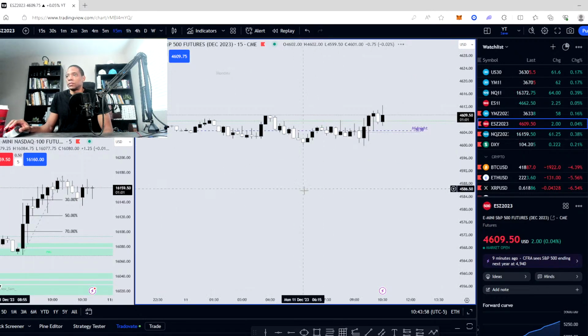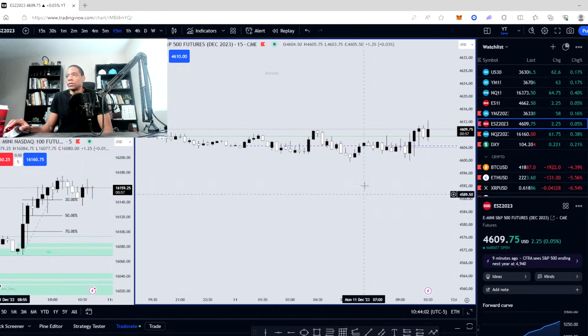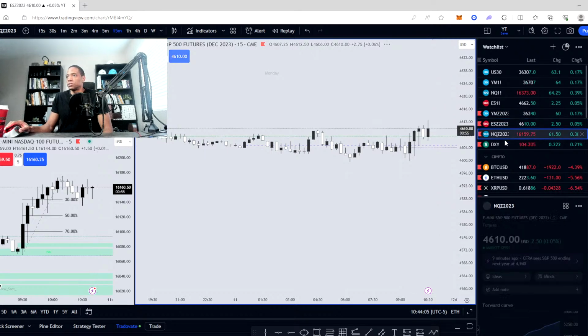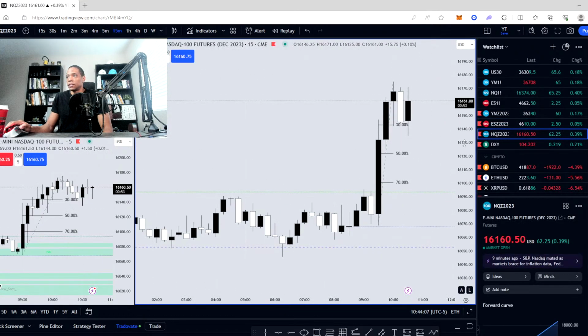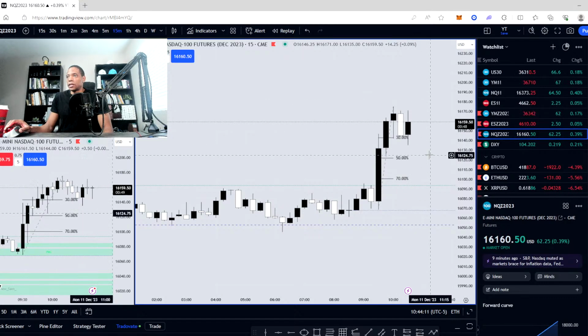Let's go to 15 minutes. Okay, I see. Yeah, ES did just make a new high for the day. Dollar made a new high for the day about 30 minutes ago, and now it's retracing.